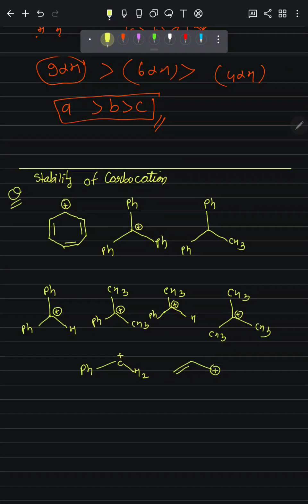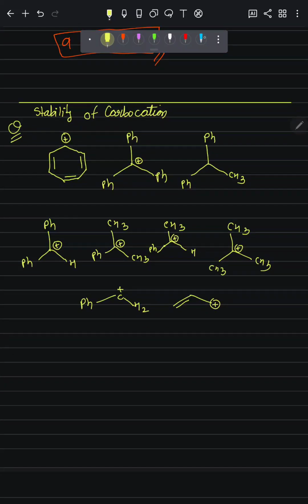So here is an example of stability of carbocation. As you can see here, we have an aromatic compound. Here we have an aromatic compound. The stability of this aromatic compound compared to this phenyl ring, because of the aromaticity, this will be more stable as compared to the phenyl ring which applies plus R here.